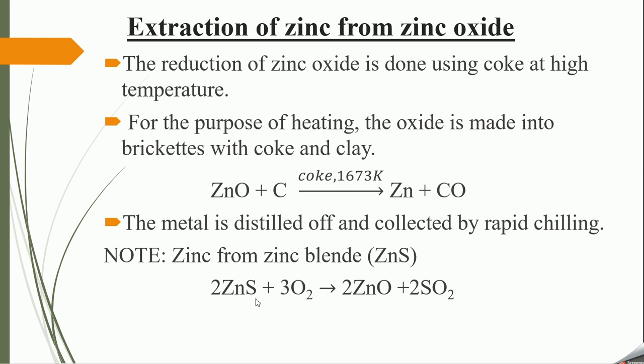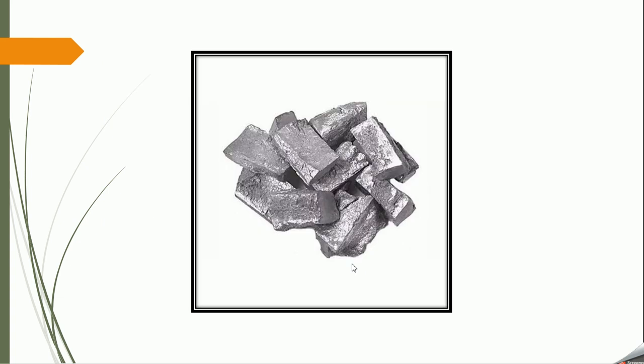See, this is a roasting reaction. Zinc sulfide reacts with the hot air and is converted into zinc oxide. This zinc oxide now reacts with the coke at 1673 Kelvin to form zinc. So this is about extraction of zinc from zinc blende. In this picture you can see the zinc.